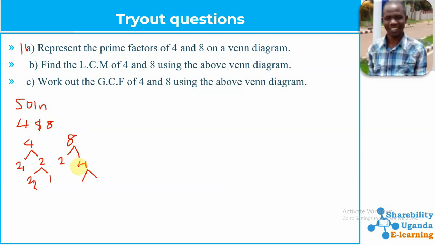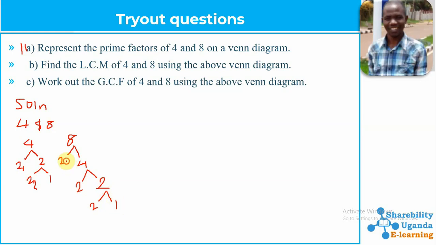We look for the number that divides 4 with no remainder. We have a 2. When you say 4 divided by 2, we get 2. We also divide the 2. Which other number can we divide 2 by and get no remainder? We can say 2 itself. So here we shall be able to get 1.